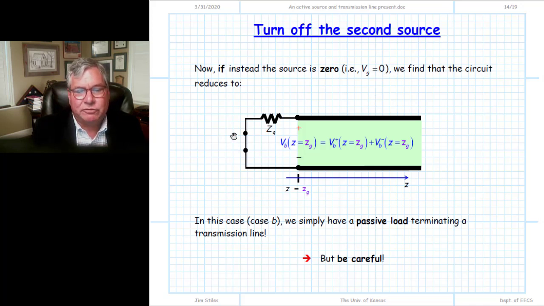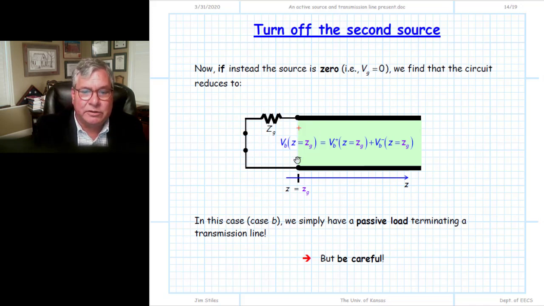Well, that is the definition of a short circuit, so we're replacing our ideal voltage source with a short circuit. And this is the resulting circuit that we get. And it looks very much like a terminated transmission line. It is. At this point, it is a transmission line terminated in a passive load.